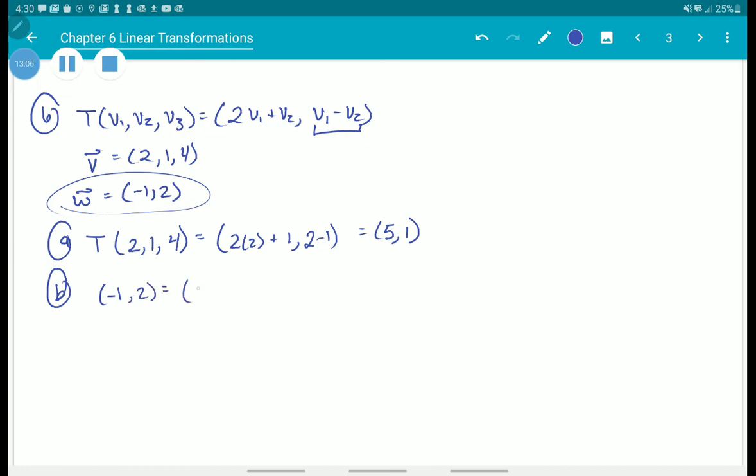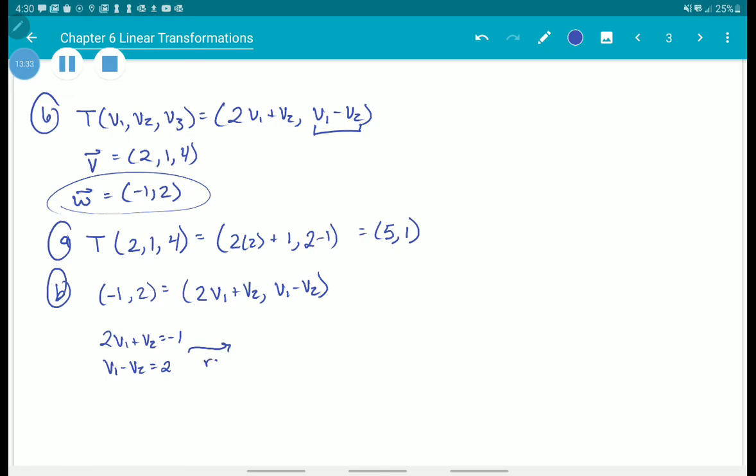So let's set up that system of equations. So we have 2V1 plus V2 is equal to negative 1. V1 minus V2 is equal to 2.